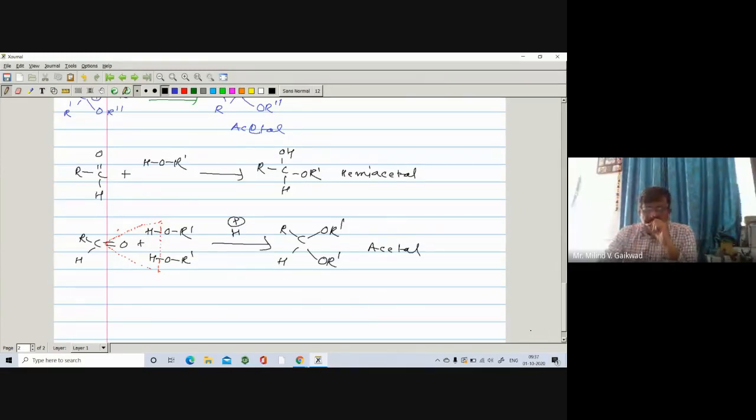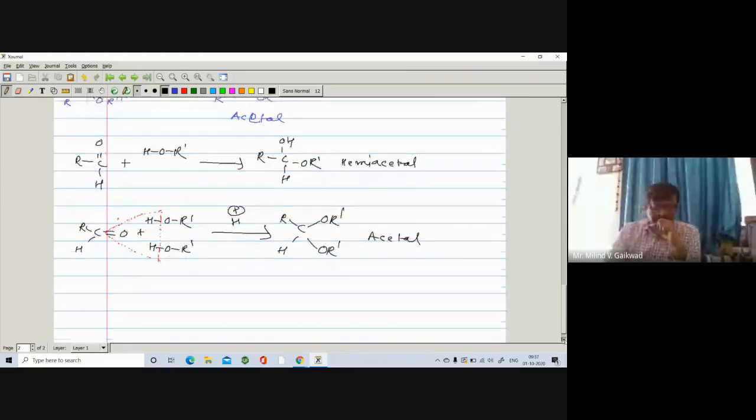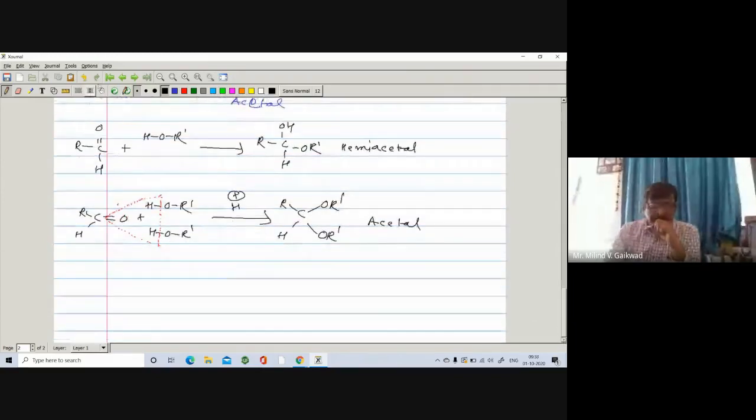Now in this case, suppose the above reaction, if you carry out like this: here is R, here is R or H, double bond O. It reacts with a reagent HO, CH2, CH2, OH.